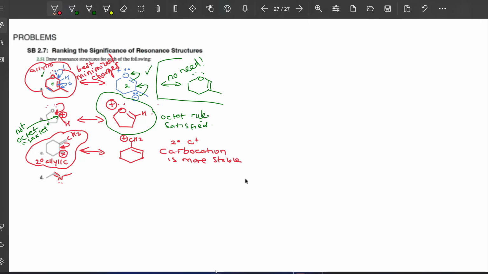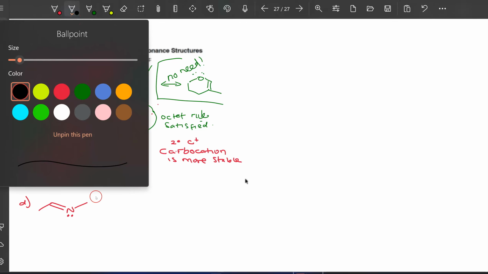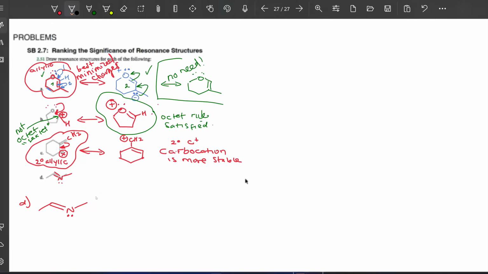How would you draw the resonance here? This is case C in blue. Where should the arrow start, if anything? On the lone pairs? No, because if you do that, you'll violate the octet rule.